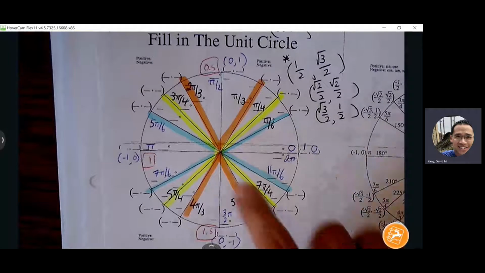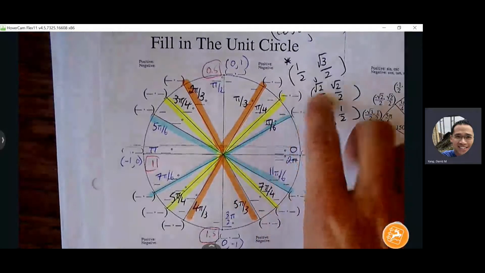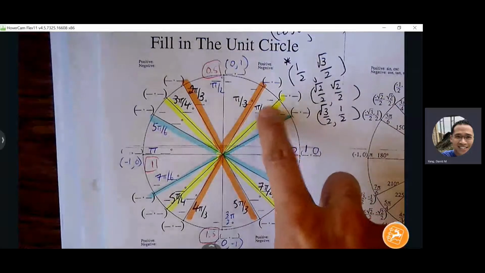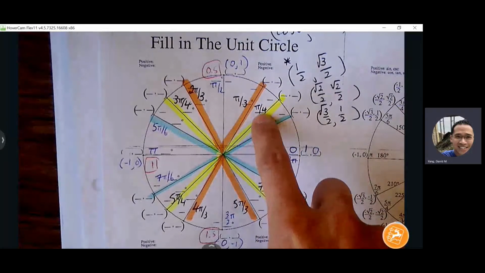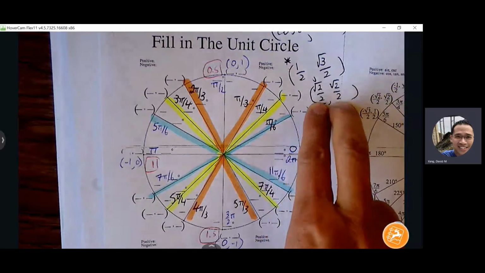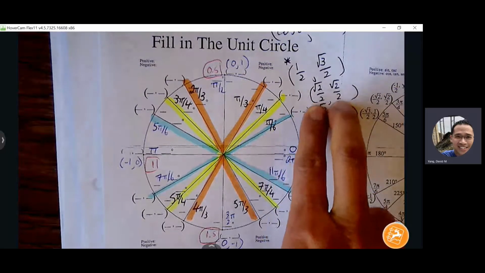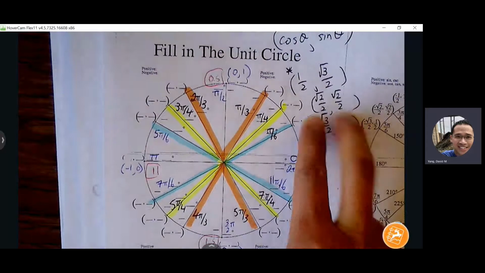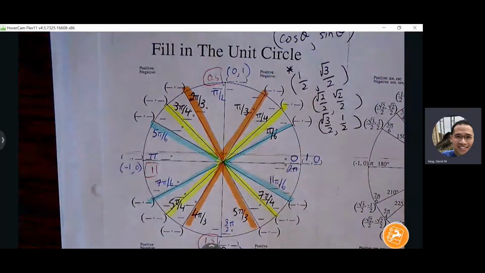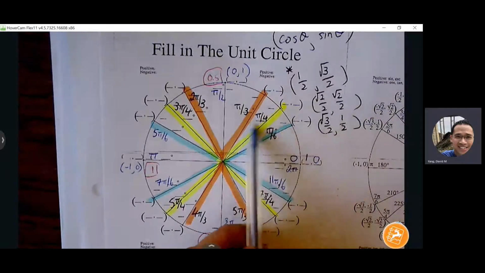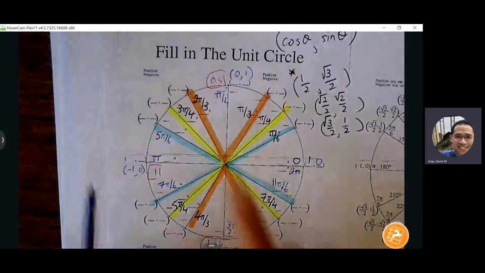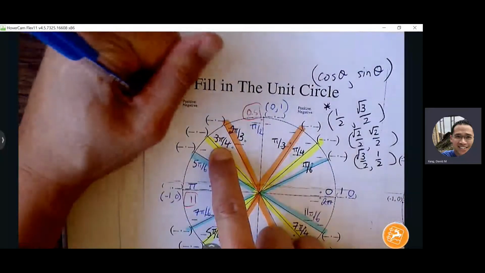So now, all the radian measures with 4 in the denominator will have a numeric value, same ordered pair, root 2 over 2, root 2 over 2. The signs will be different, but at least we know the numeric value is there. So anywhere I see 4 in the denominator, I'm going to copy this ordered pair over.